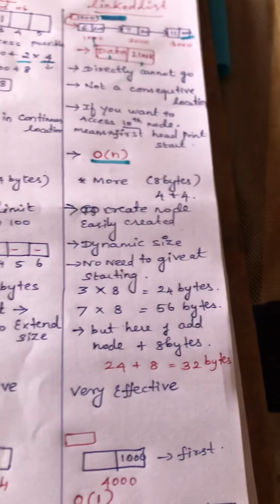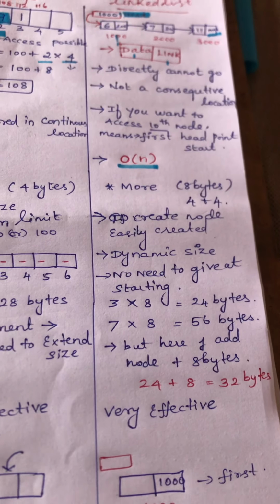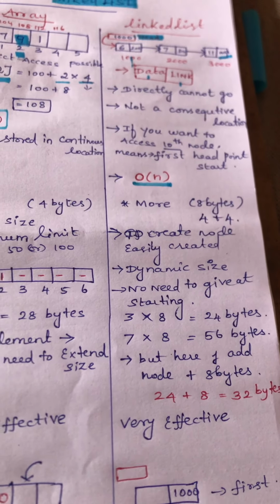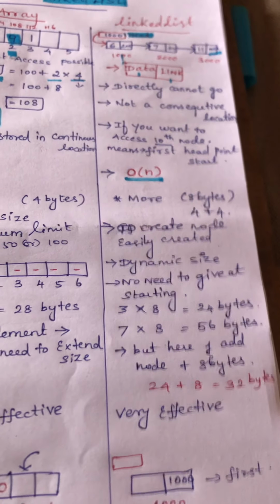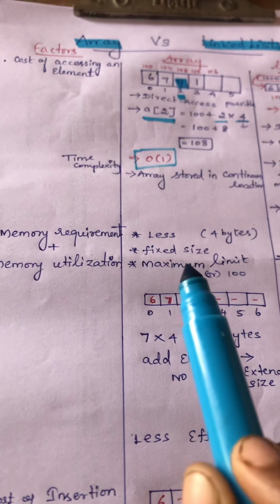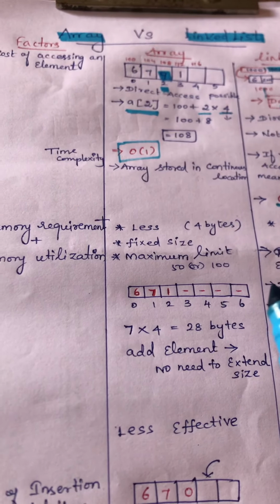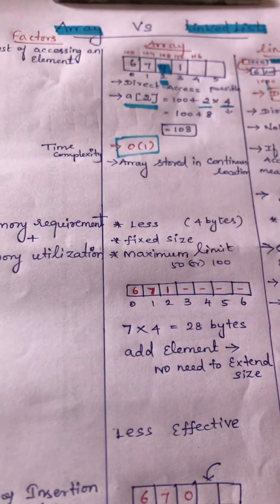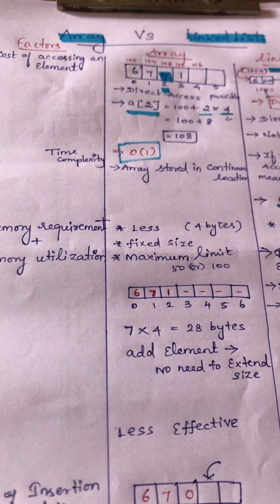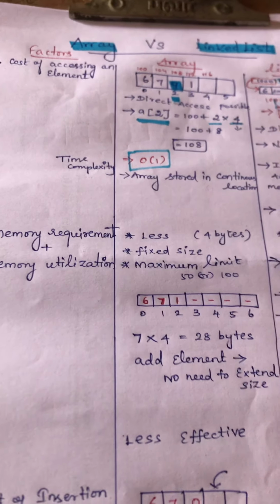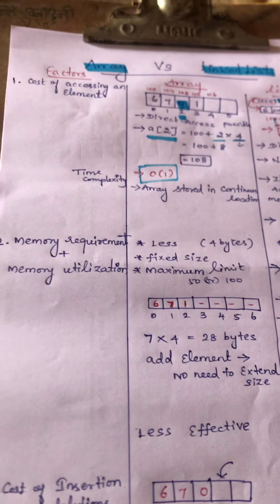In a linked list, there is no need to give the size beforehand. It is dynamic in size. We can change it or add another node also. Here there is no need to extend the size of an array; in an array we mention the size beforehand, 50 or 100 or anything else. But in a linked list there is no need to extend the size, and we can easily add the values.